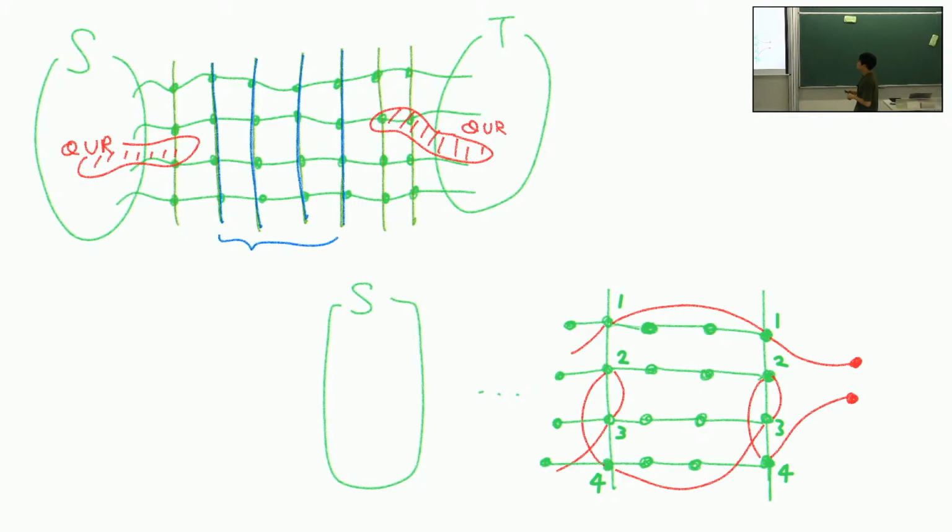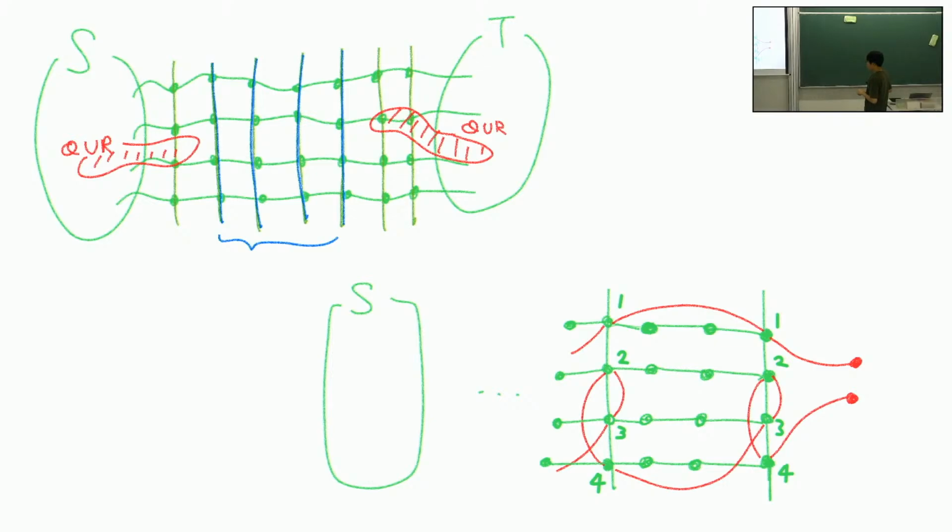Next, for each separating set, I want to look at how the terminals are linked on the right-hand side. For example, these vertices are these vertices, and the paths link like this.